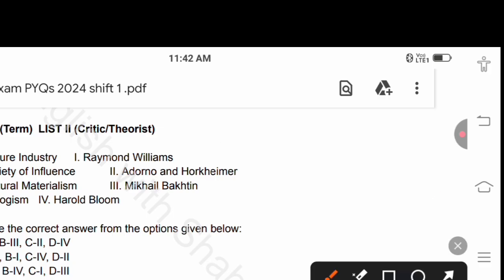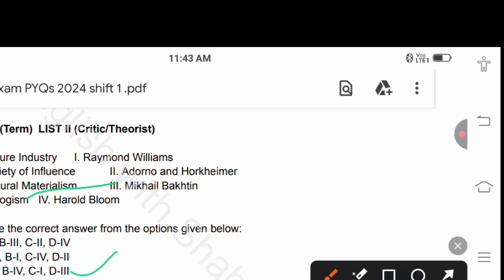Correct answer, if you will find out, dialogism. Option D you can match 3. If you know there is only one option here, that means option 3 could be the correct answer.